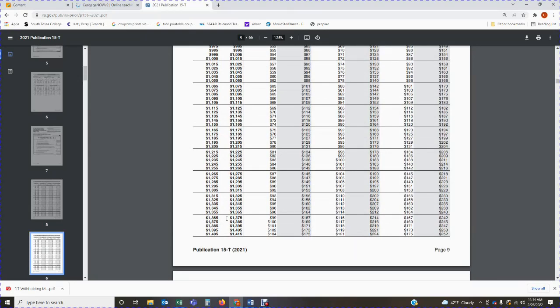Remember, we used the second one because that first number right here is less than $13.65, and we are using the actual $13.65. So we run our number across. We're using the $13.65 to $13.75 tier right here, and that would give us 167. 167 would be our number.